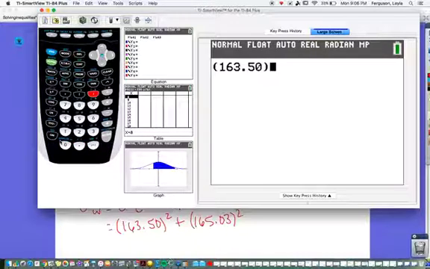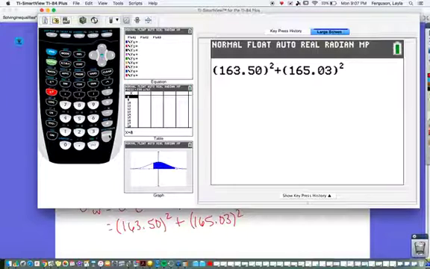163.50, close your parentheses, squared, plus 165.03 squared.